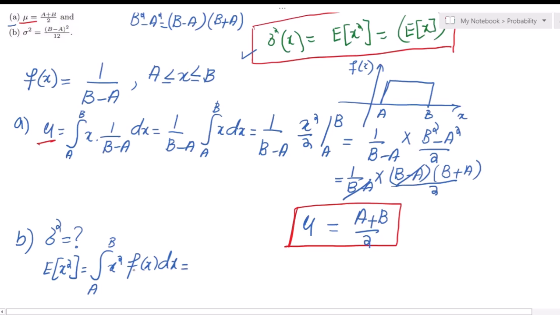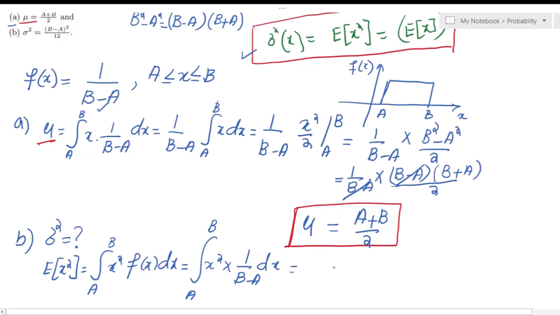Okay, let me write the value of f of x, which is here. So it would be x square multiplied by 1 over (b minus a) dx, and the limits here again would be from a to b. Okay, so let me solve it.